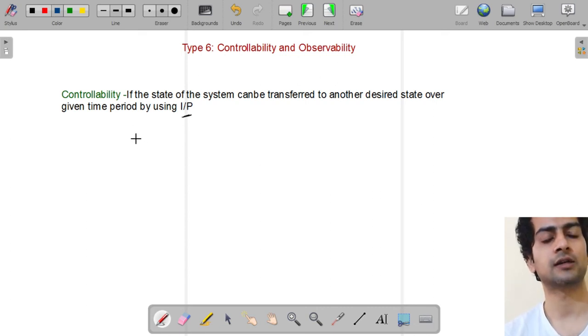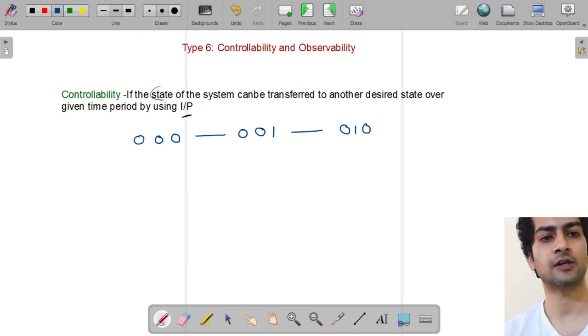Suppose we have a counter, and in that counter our starting state is 000. Now, if we apply input, the state changes to 001. Again we apply input, so the state changes to 010. So the states are getting changed as inputs are applied. So it is a controllable system. That is what is written.